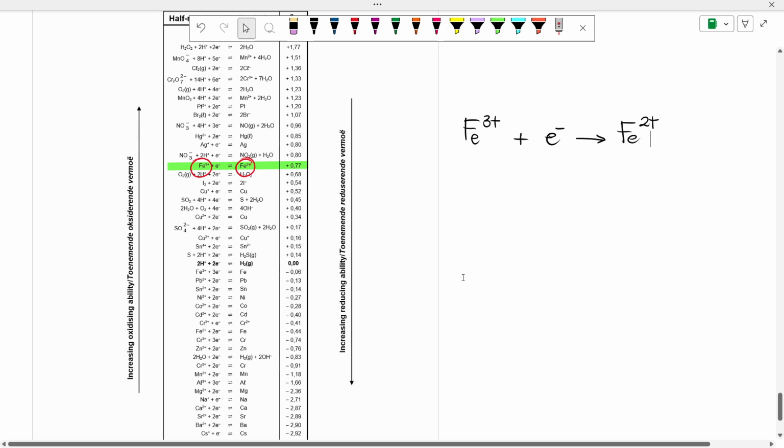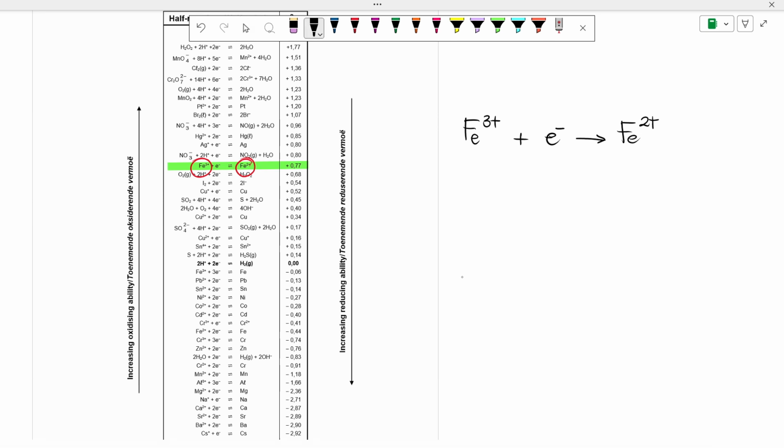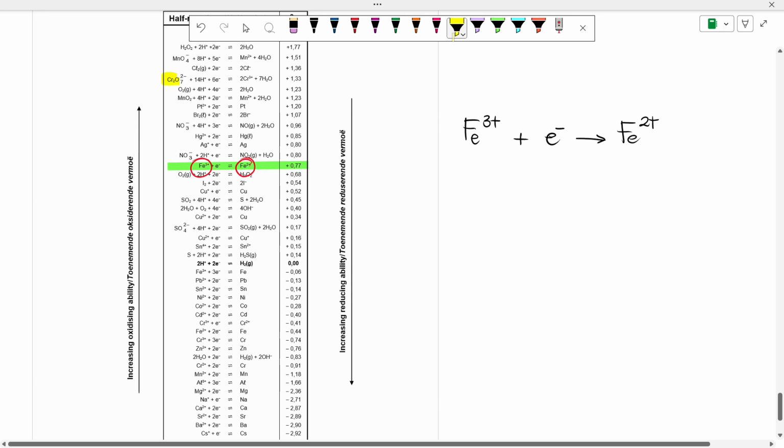Just remember we are looking for chromium 3 plus and Cr2O7 2 minus. So I'll go ahead and highlight that one in yellow. I'm sure you can already see it up there. Everything that you're looking for is there. Cr3 plus is there. Cr2O7 2 minus is there as well.